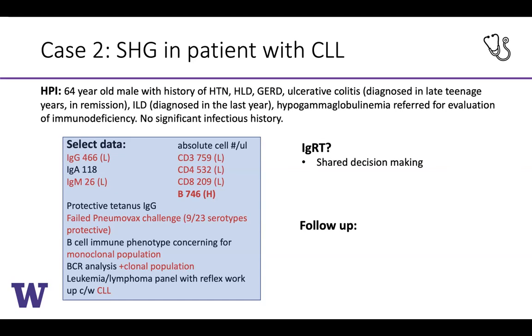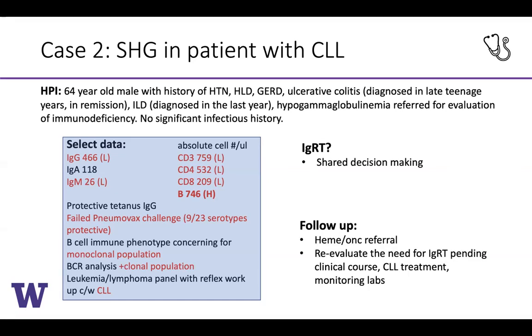For this patient, he was amenable to starting immunoglobulin replacement therapy. In terms of follow-up, obviously treatment for his CLL was the most pressing issue, and he was referred for that, with the plan to reevaluate the need for immunoglobulin replacement therapy pending his clinical course.